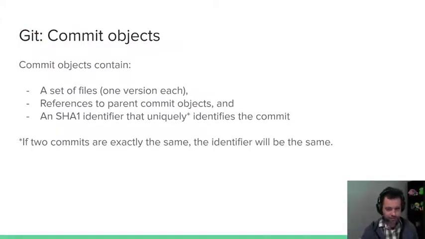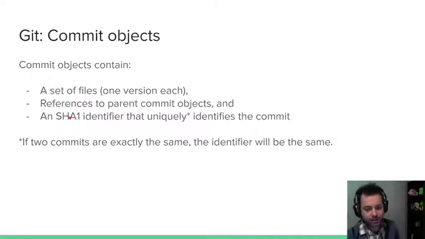So to circle back to commit objects a little bit. When you do a git commit -m, right? You're getting a set of files, references to the parents, I mentioned this earlier, and also a SHA identifier. This is a cybersecurity term where basically you're getting a randomly generated string of hex numbers following this particular protocol.